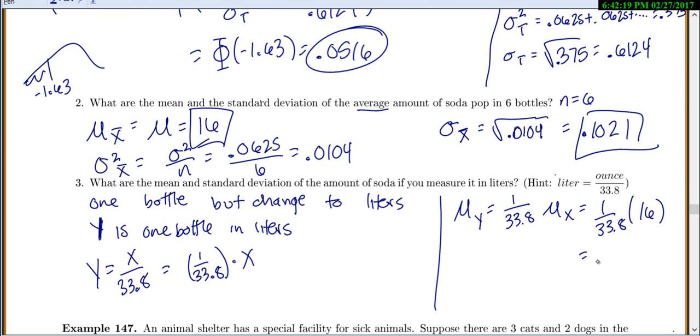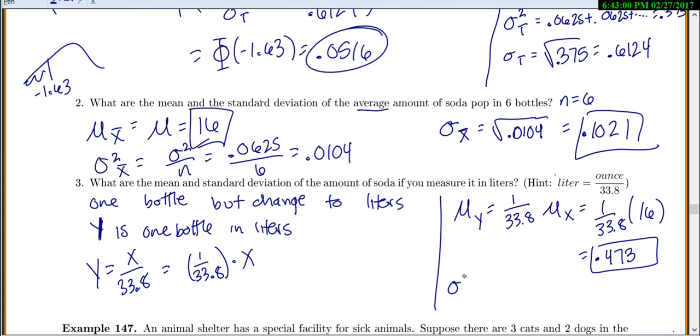Or 0.473 liters. That sounds more accurate, right? So that's what the mean or the average would be in liters. So we found our mean.